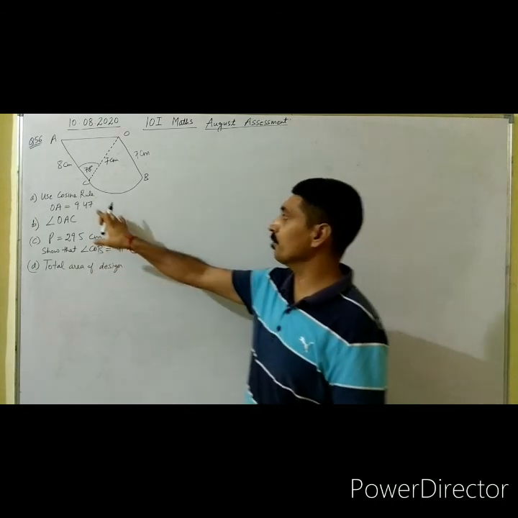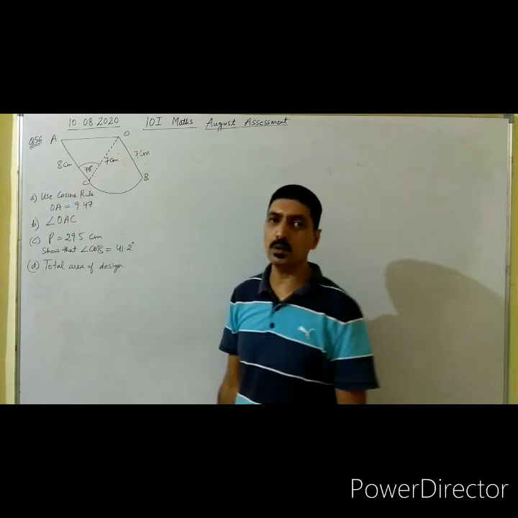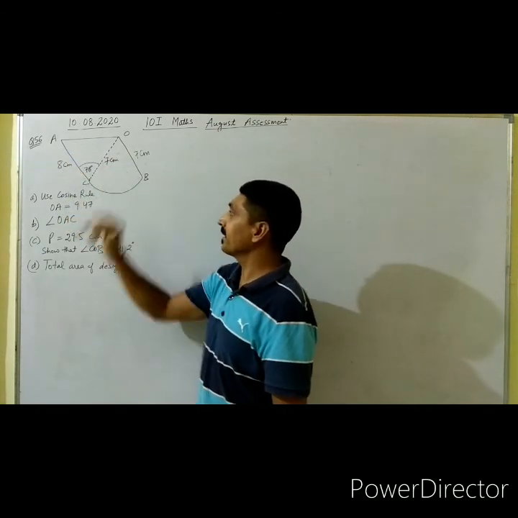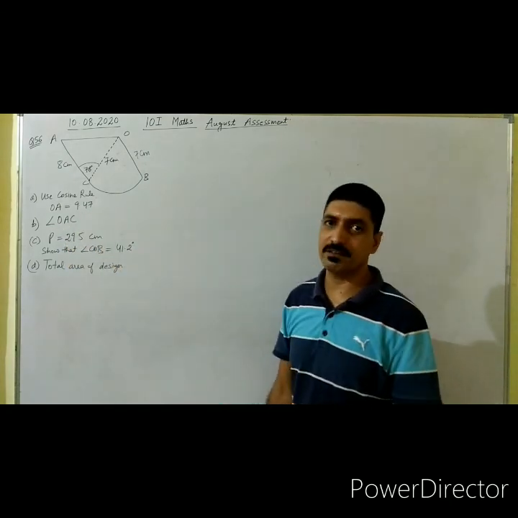We have to prove using the cosine rule that this OA is 9.47.